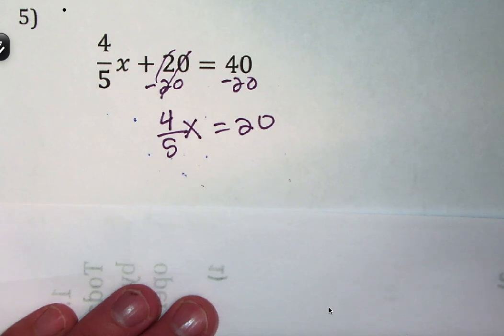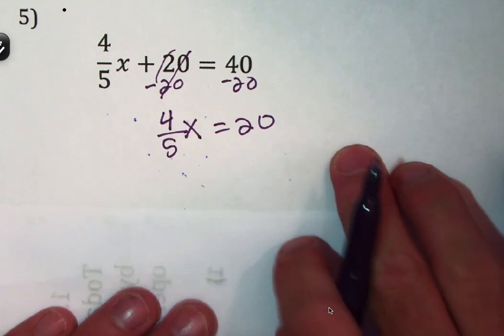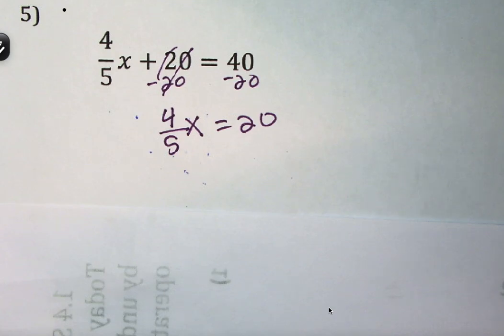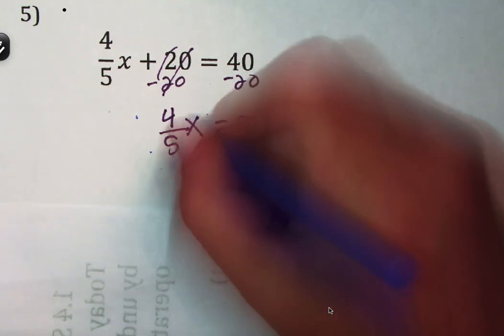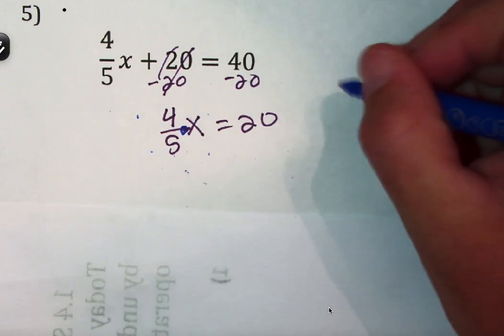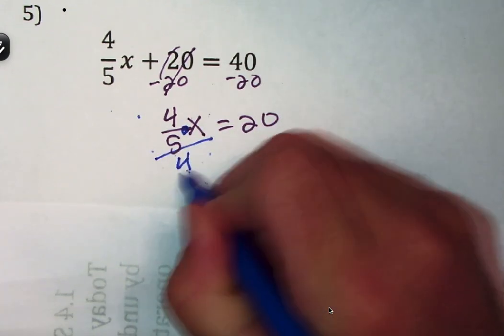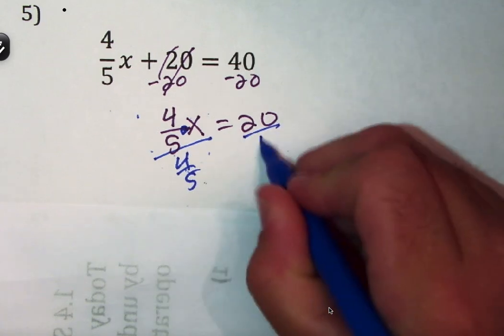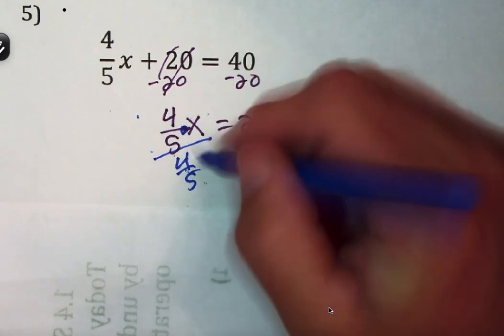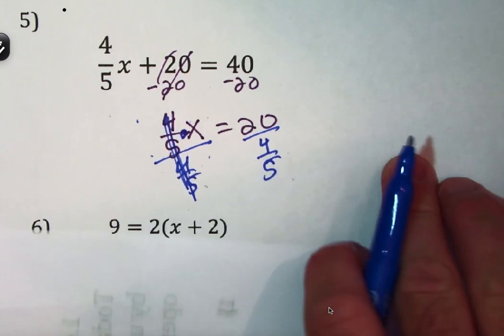And now we're stuck at that same idea where we have to undo 4/5 times x. So we're going to undo this by dividing both sides by 4/5. That will get x alone.